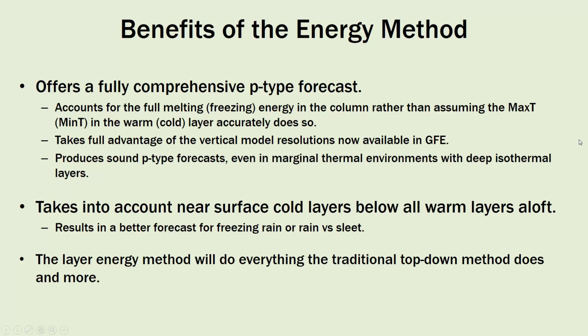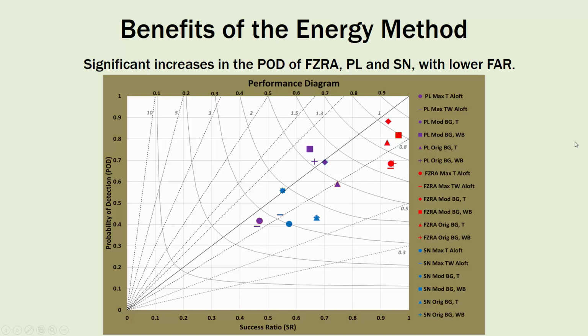To illustrate some of the benefits in terms of verification of the modified Bourgouin method relative to the traditional top-down, consider this graphic, which is known as a performance diagram. If you're not familiar with these types of diagrams, they measure your probability of detection on the y-axis and your success ratio on the x-axis.